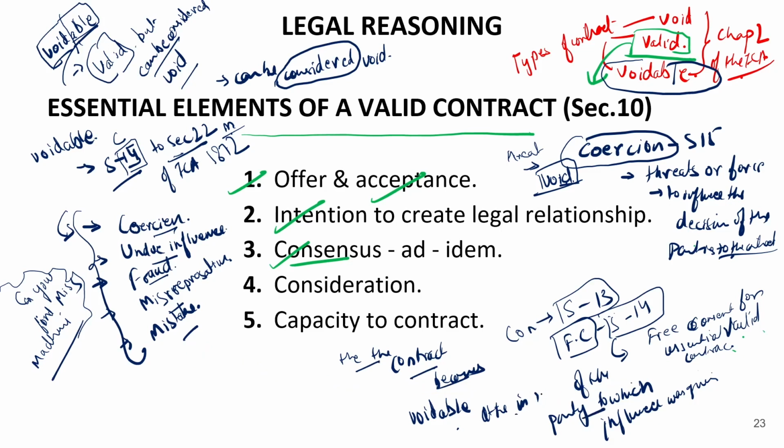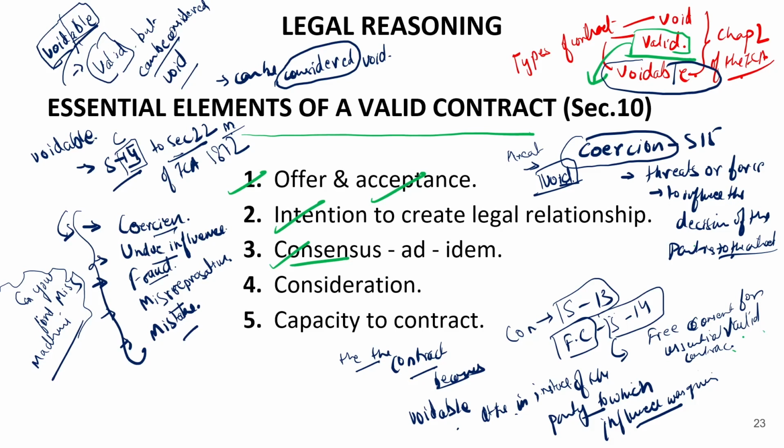At the instance of the party to which the influence was given means the party whose free consent was curtailed can use this defense and avoid the obligations of the contract.